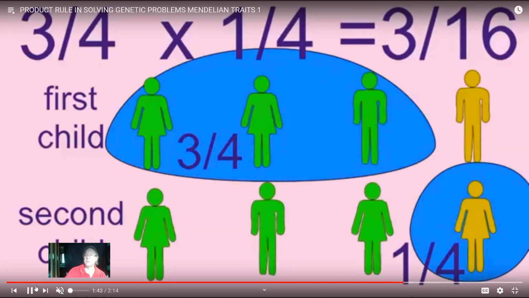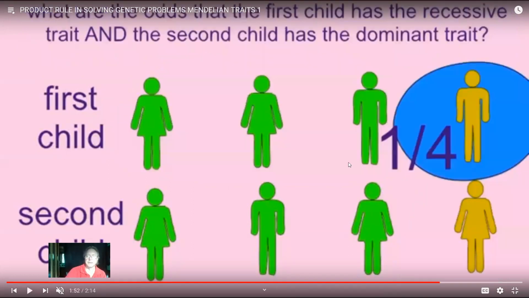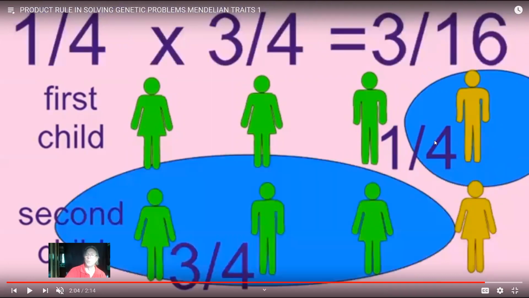Likewise, if the first child has the recessive trait and the second child has the dominant trait, that would be 1/4 times 3/4, which would be 3/16. I'm sorry, I'm thinking of independent assortment, which I was about to get to. My fault.